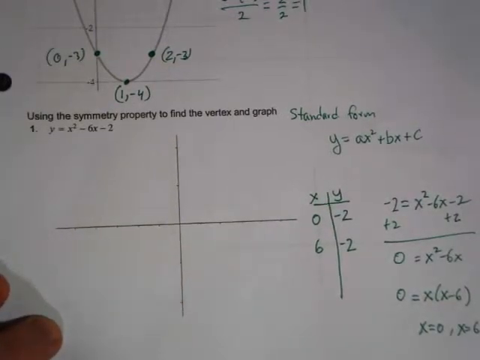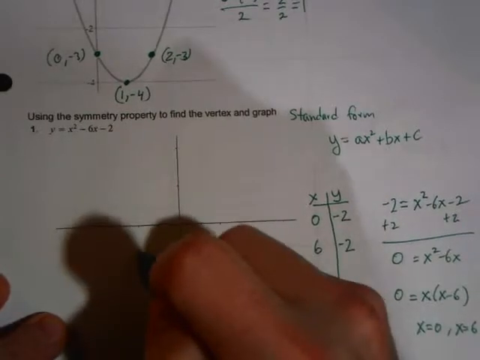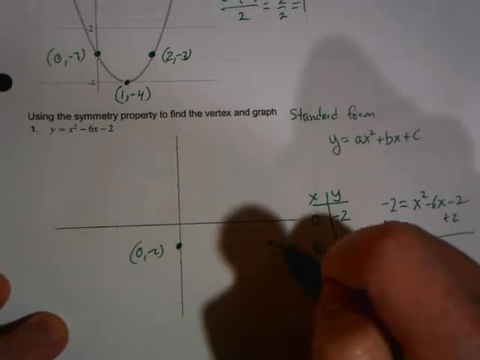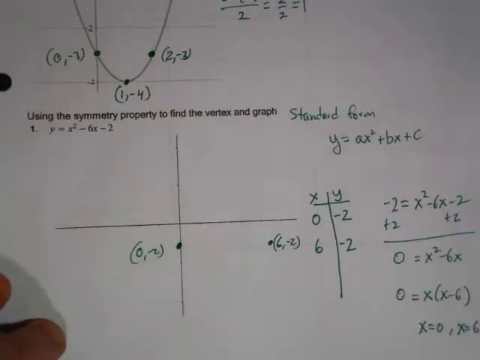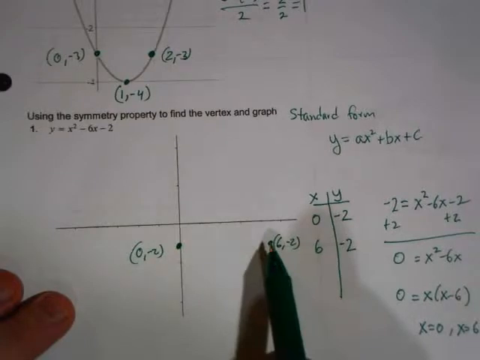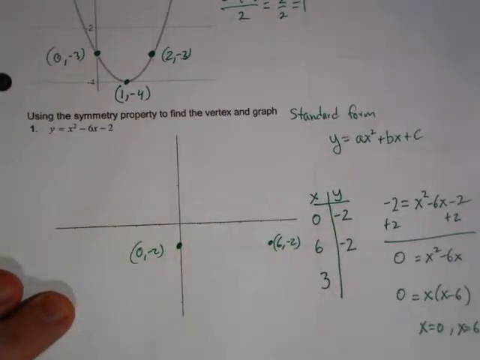So what we know so far is we have the point 0, -2, and we have the point 6, -2. From up above, what we know from the symmetry property is the vertex has to be exactly halfway in between. Halfway between 0 and 6 is 3. So now I know my vertex is going to happen at x equals 3.